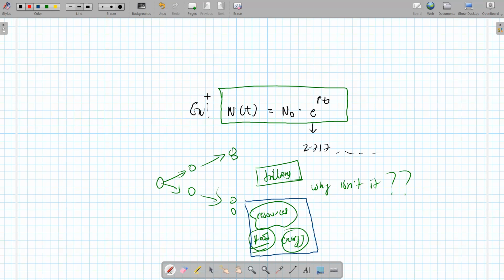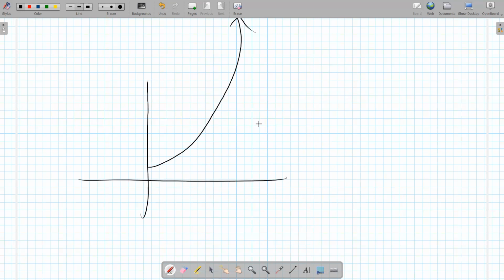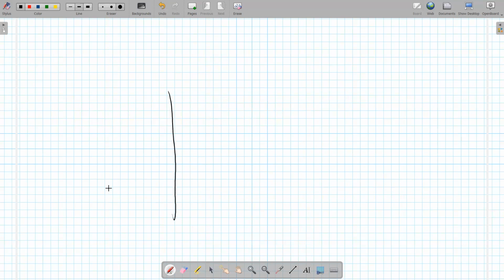This could apply to humans, I guess, for now. At least it did in the past. But now, instead of an exponential model, which would grow forever, what we have is something called the logistic model.